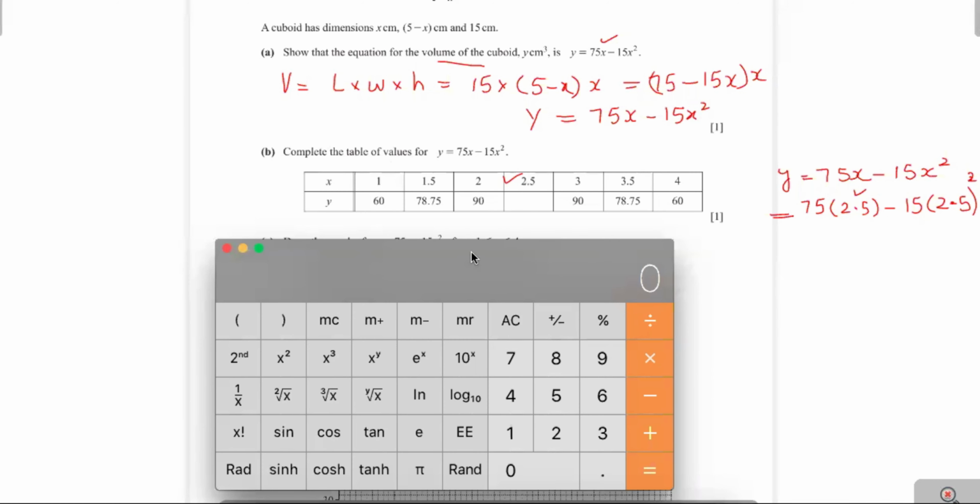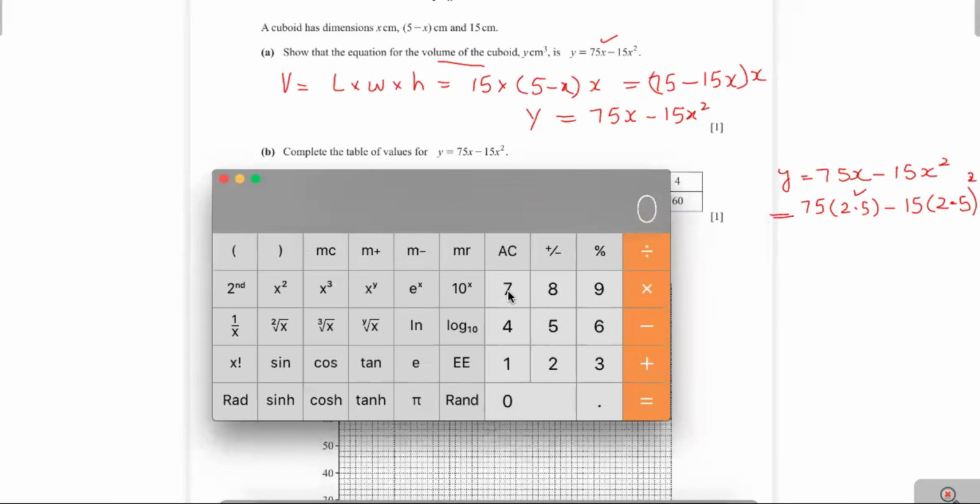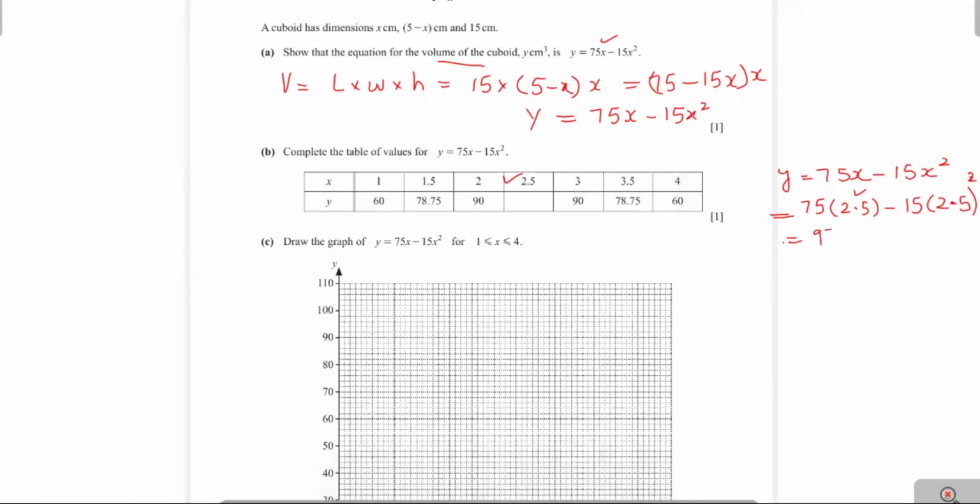Now we calculate this. 75 multiplied by 2.5 is equal to 187.5, minus 15 multiplied by 2.5 squared, and that will be equal to 93.75, and we write here 93.75, and this is the value.